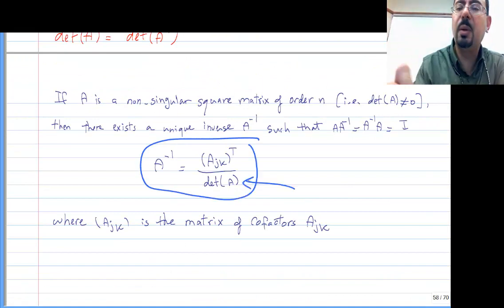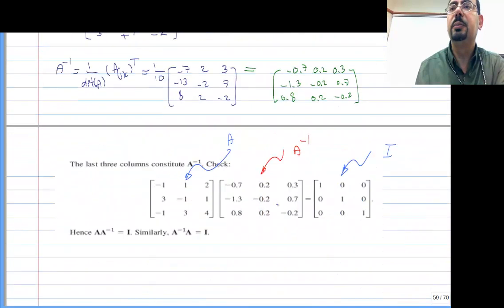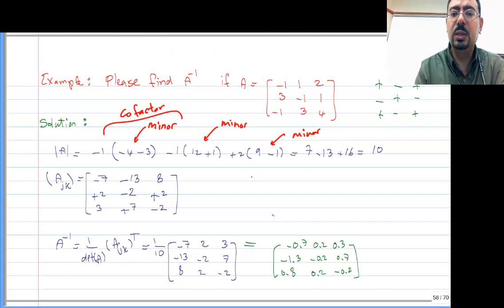So the first step is to come up with the determinant. Well, what is the determinant of this thing? We remember plus minus plus, and we will open with, say, the first row. So minus 1, plus 2.